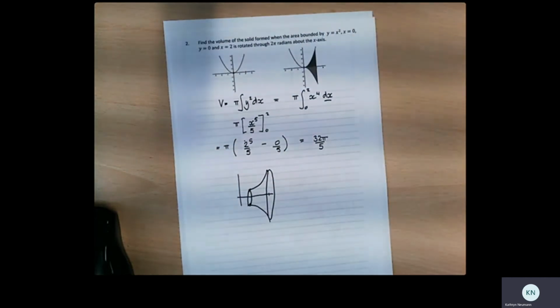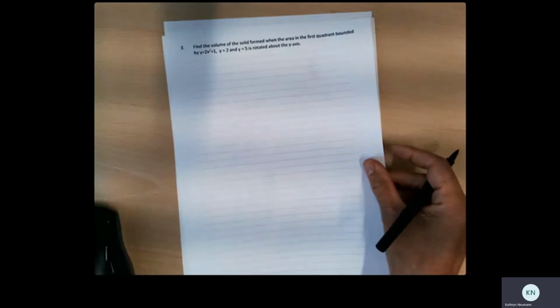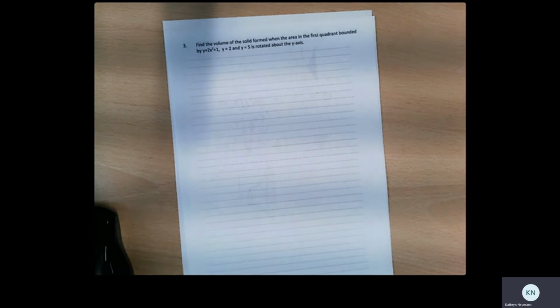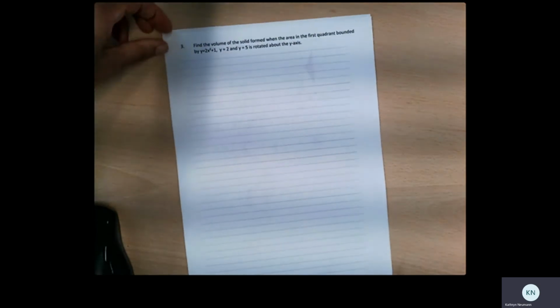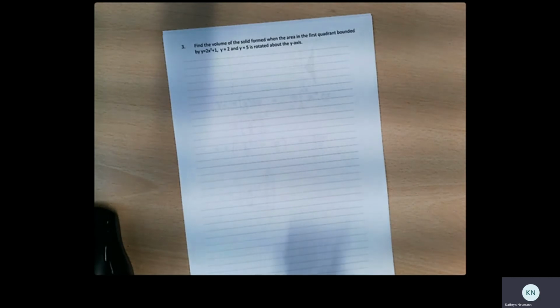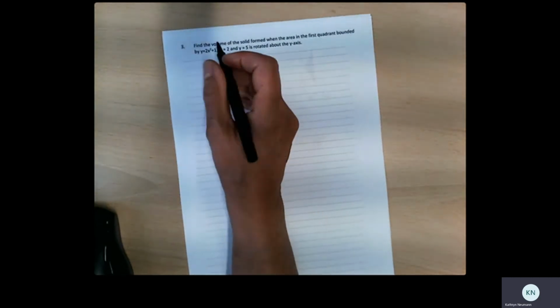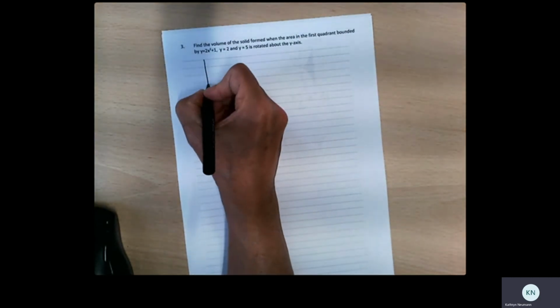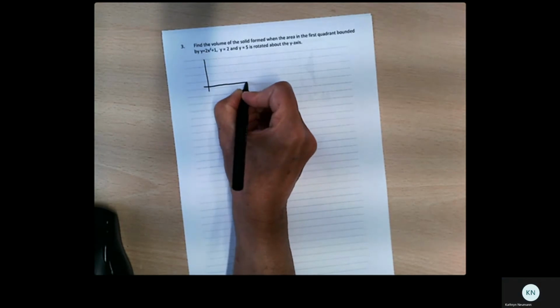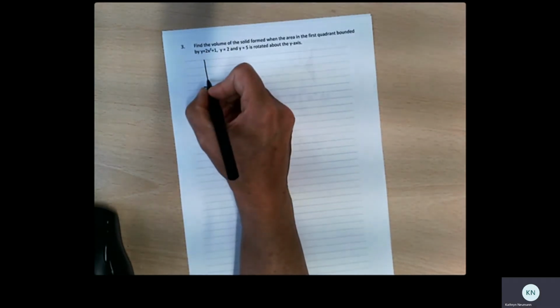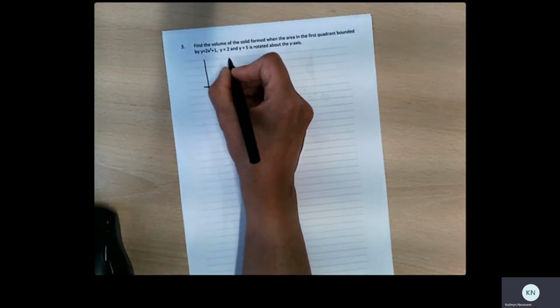So the final example we're going to do is when we actually rotate about the y-axis. In these questions, I would advise doing a diagram just to help you see what's going on. So we're looking at y equals 2x squared plus 1. Just a quick sketch of that. So y equals x squared is going to look like that.